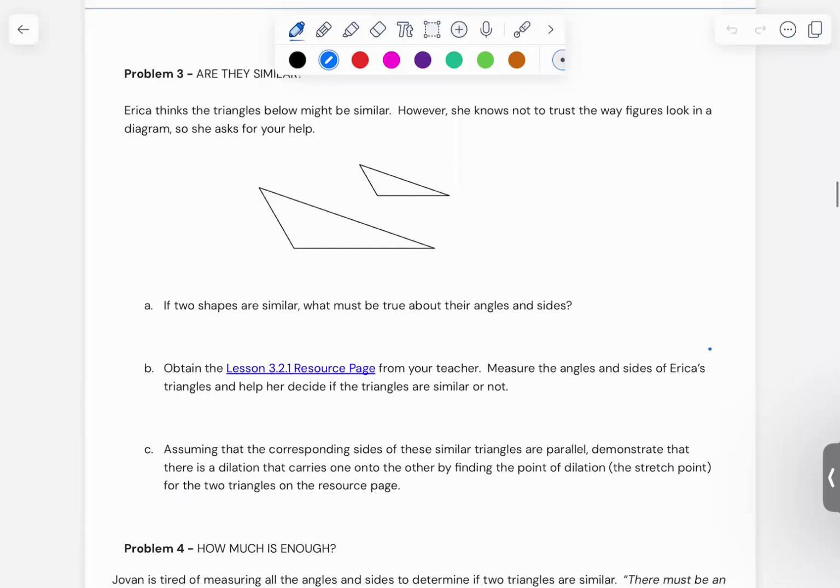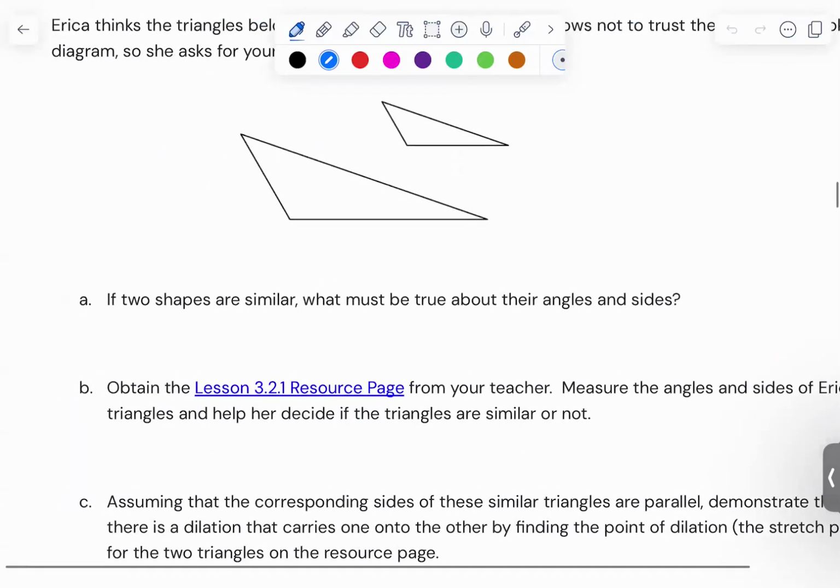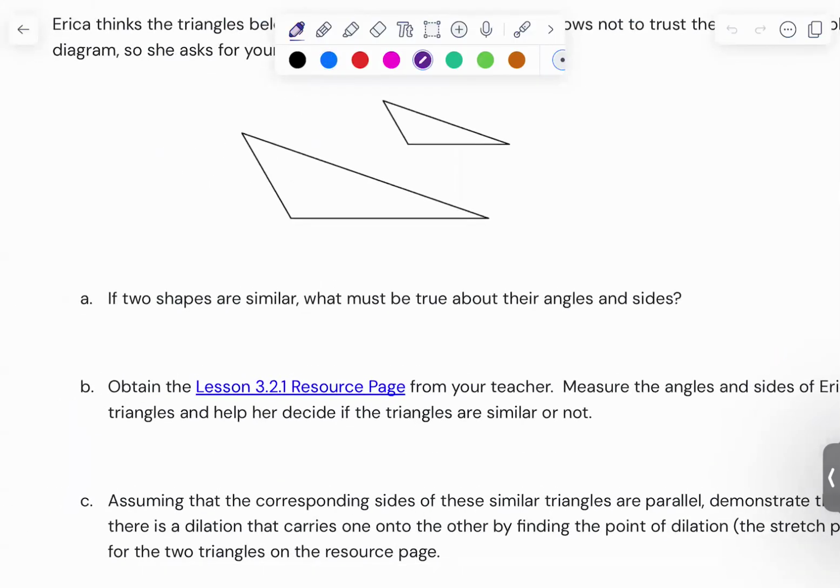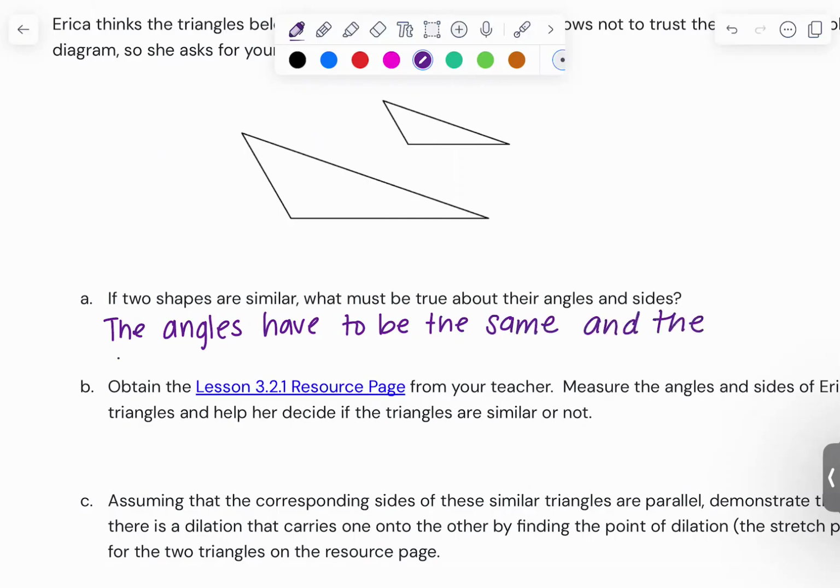So, looking at the surface, yeah, maybe these are similar, and if they are, then the angles have to be the same, and the sides must be proportional. So we talked a little bit about proportionality last week.